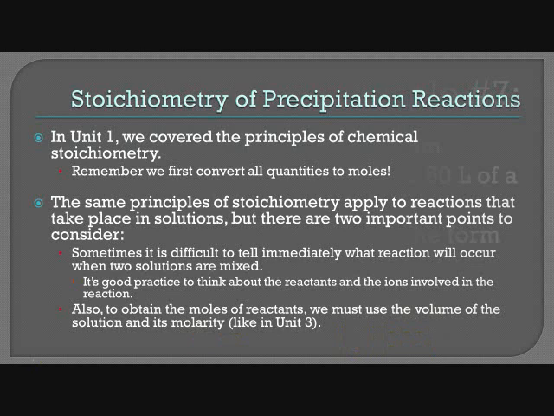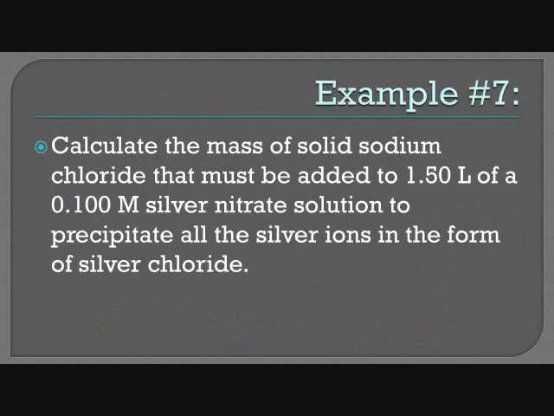Okay, so we have this example 7 that just kind of throws it all in one. Calculate the mass of solid sodium chloride that must be added to 1.5 liters of a 0.1 molar silver nitrate solution to precipitate all the silver ions in the form of silver chloride.